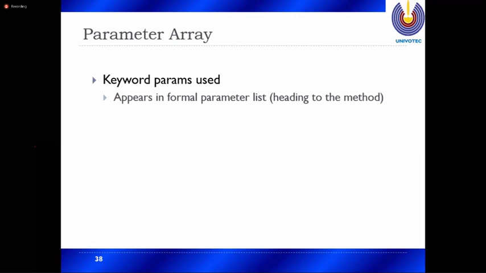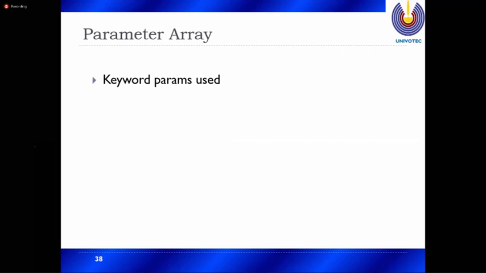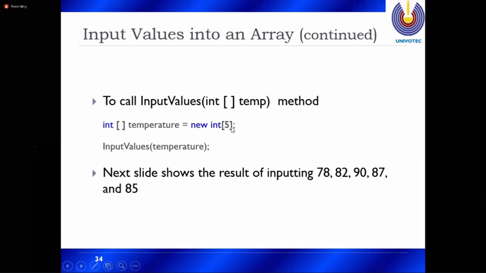The parameter array. The keyword params is used in the formal parameter list. It must be the last parameter in the method heading also. That's what you can see, a parameter array. This is the parameter. This is the method name or function name. This is the parameter.